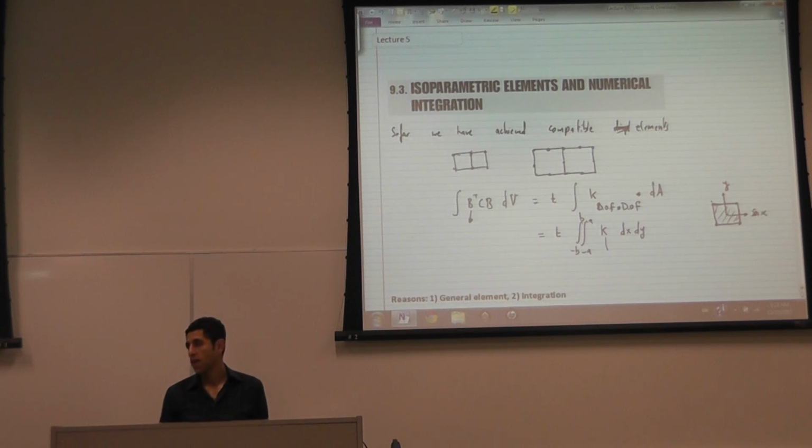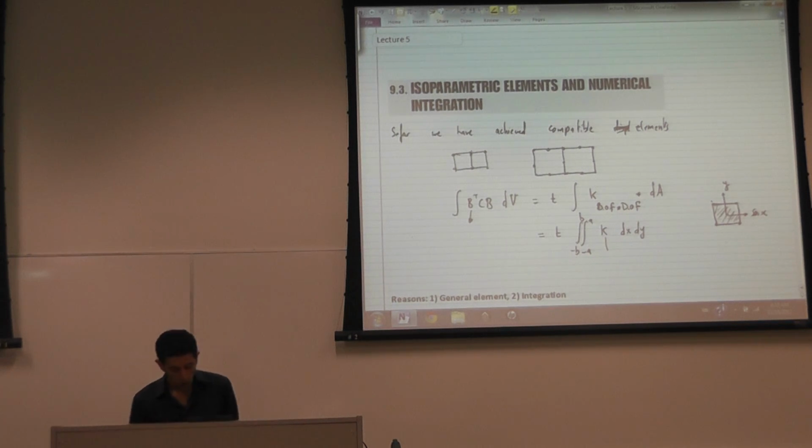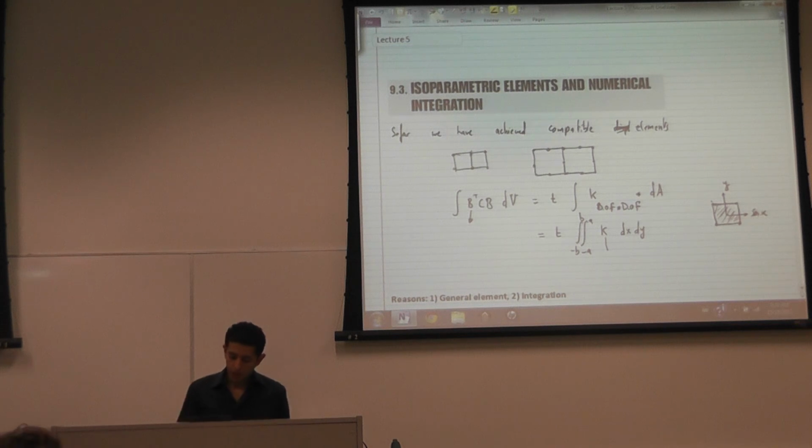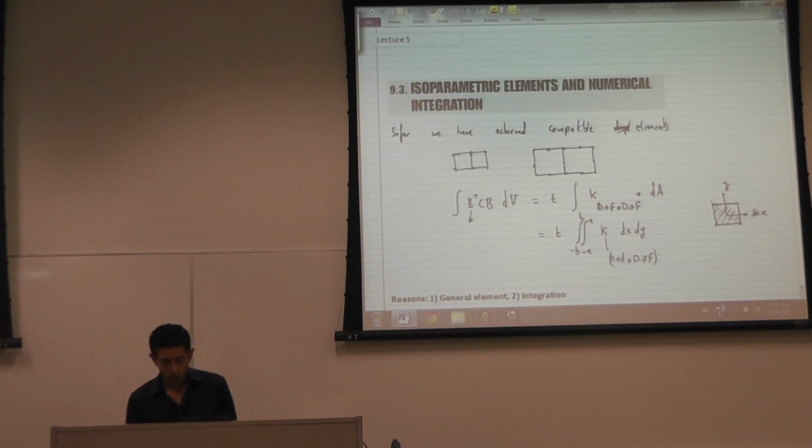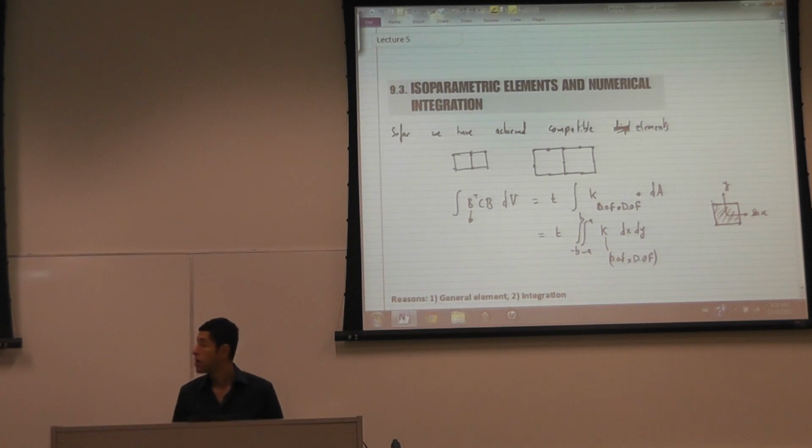It has 8 by 8 entries. Each entry is a function of x and y. And then I integrate this entry from negative a to a and from negative b to b. So I'm doing the integrations degrees of freedom multiplied by the degrees of freedom times. The degrees of freedom are 8, so 8 by 8.